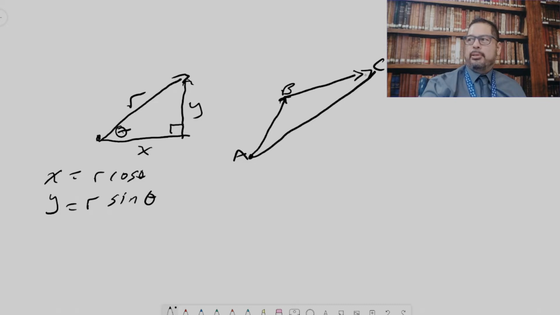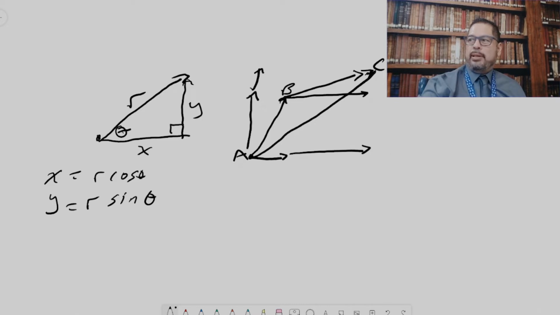And what happens is that you'll break up the vectors into their component vectors. So right here, this first vector has this x component and this y component. And then the second vector has this horizontal component, so I can add this component here. And then it has another y component right here, a little y component.